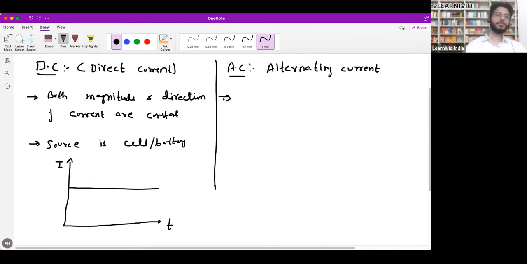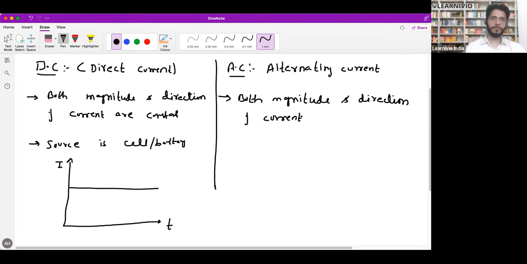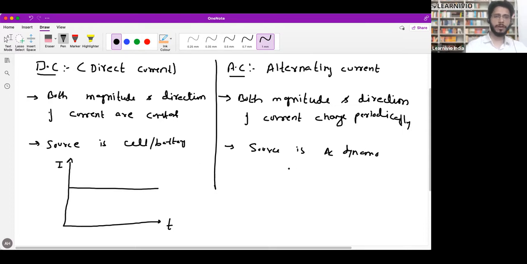In alternating current, both magnitude and direction of current change periodically. Its source is an AC dynamo or generator, as we call it in normal language.